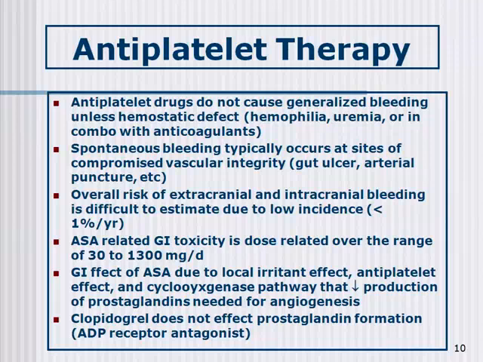We know that with aspirin the GI bleeding risk, GI toxicity, is dose related, from as low as 30 milligrams all the way up to 1,300 milligrams.